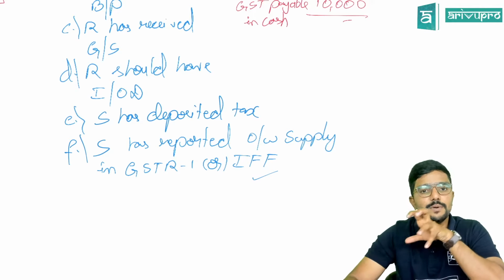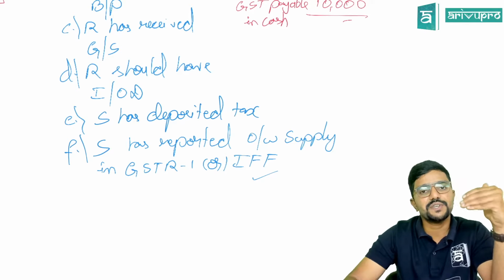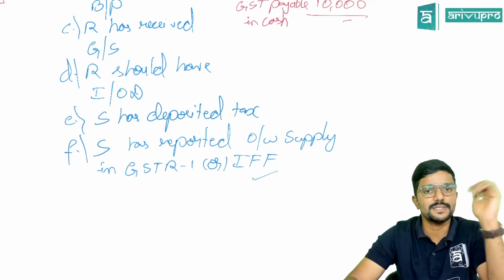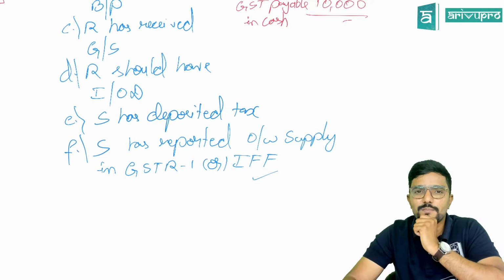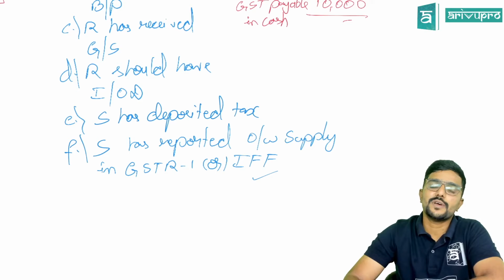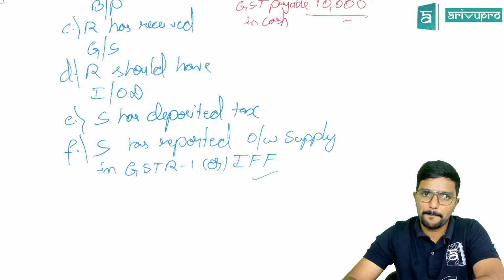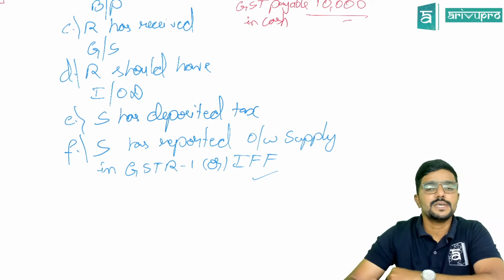Maximum people are covered under monthly only, because maximum people will file GSTR 1 monthly and also pay tax monthly. But if you are a small supplier under the normal scheme, following the QRMP scheme, you might be filing GSTR 1 quarterly, but you can give the details of your outward supply in the invoice furnishing facility every month, based on which the recipient will be able to claim their credit.